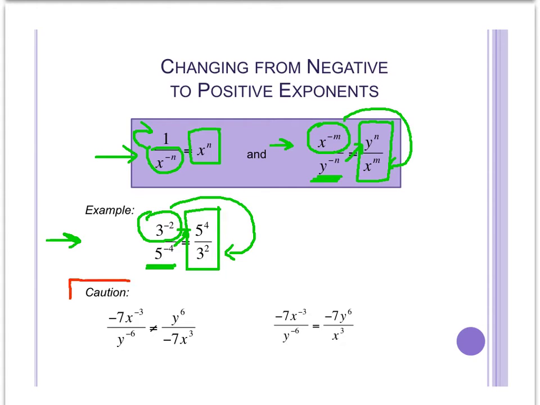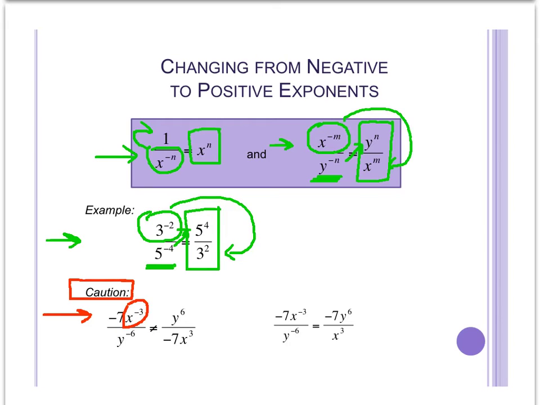Now there are things to be cautious about when utilizing these rules. You want to make sure that you are only sending things to the reciprocals that are being raised to a negative power. So in this numerator, we have negative 7 times x to the negative third power. Now that x to the negative third power is the only thing that is receiving a negative exponent.